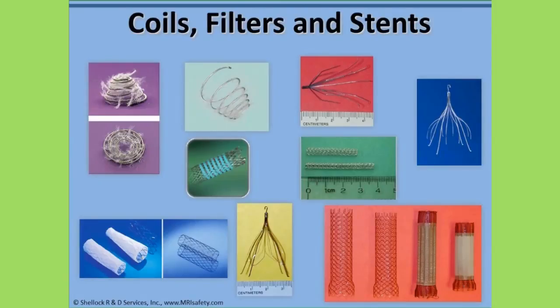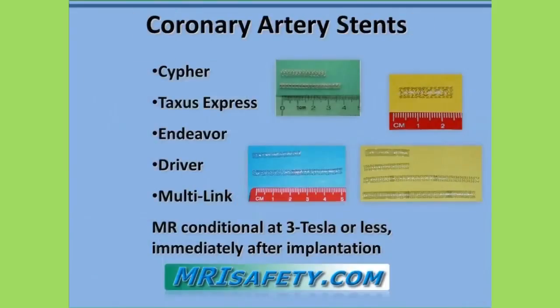As with all implants, the standard of care is to identify the particular type of implant that is present in the patient and then to determine if an MRI procedure may be performed based on the most up-to-date MRI labeling information. This is particularly important because over the years, the MRI labeling information may change or be revised.